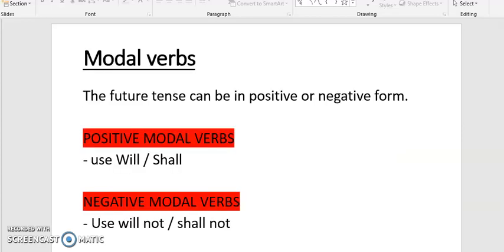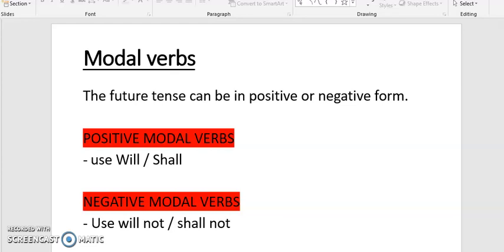Okay, next, we look at the modal verbs. The future tense can be in positive or negative form. What are positive and negative forms? The first one, positive modal verbs, we use will or shall.